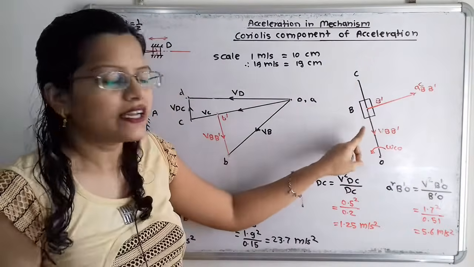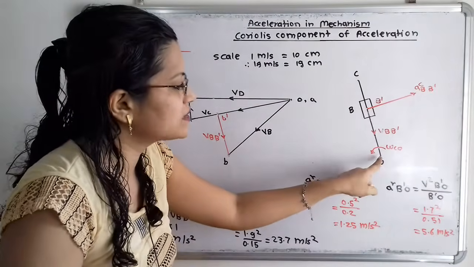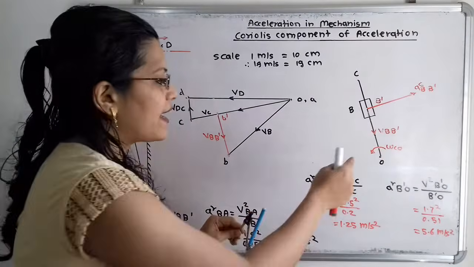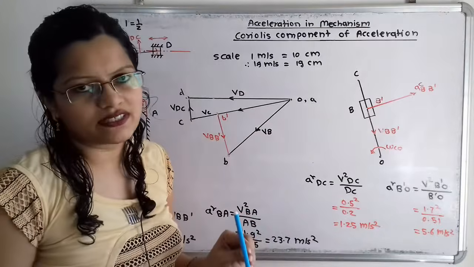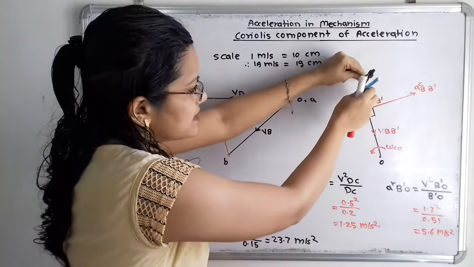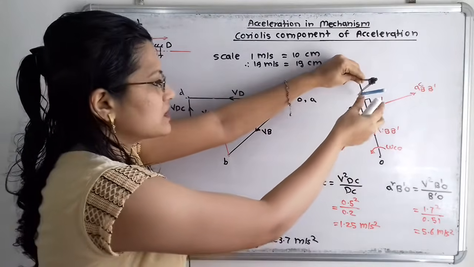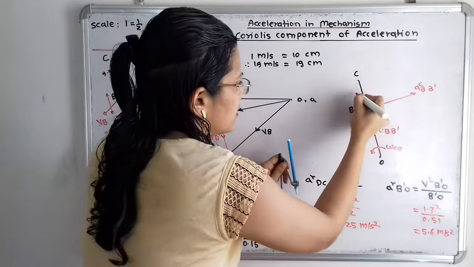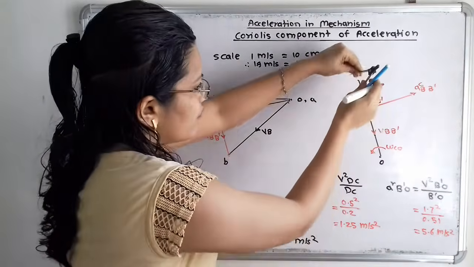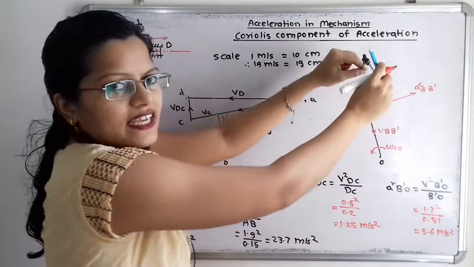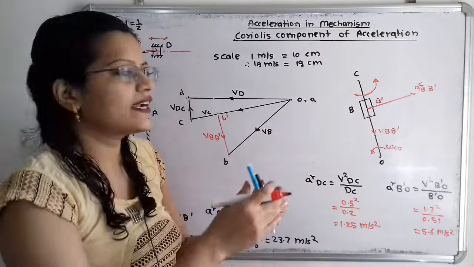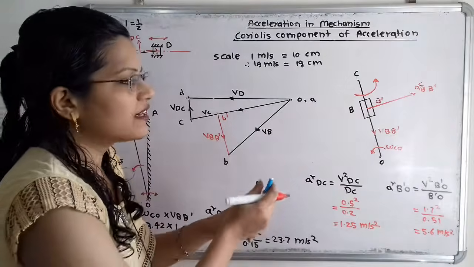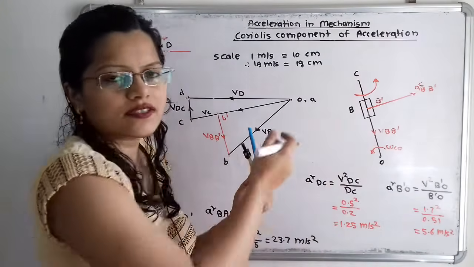Suppose this arrow is in the inverse direction, that is, vertical, then we would take O as the center. But in this case we take C as the center, and the angular velocity is anti-clockwise. So for the anti-clockwise direction I have to move the compass in this direction, from the left hand side towards the right hand side.